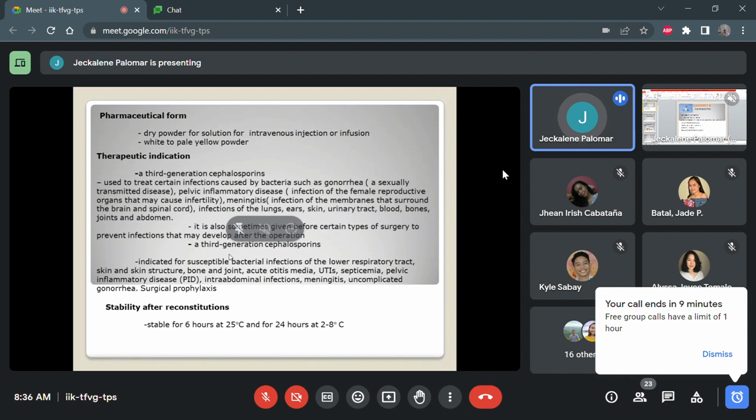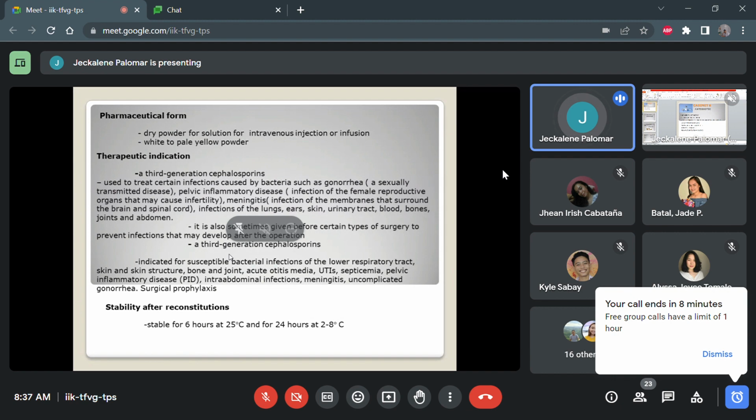Almost the same therapeutic indication as the other cephalosporin antibiotics, it can also treat gonorrhea, pelvic inflammatory disease, meningitis, infections of the lungs, UTI, bones, joints, and abdomen.